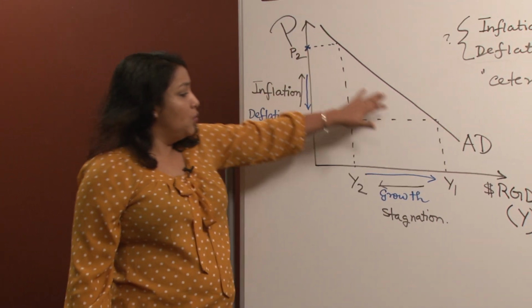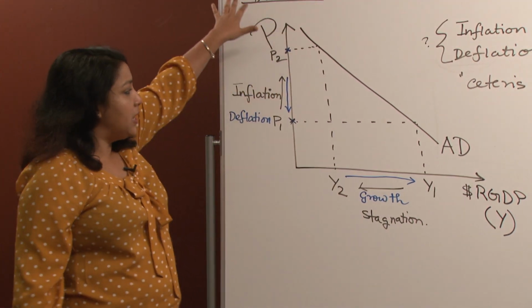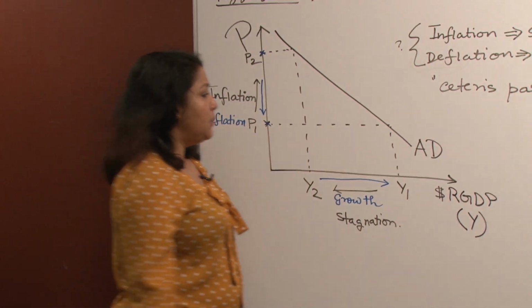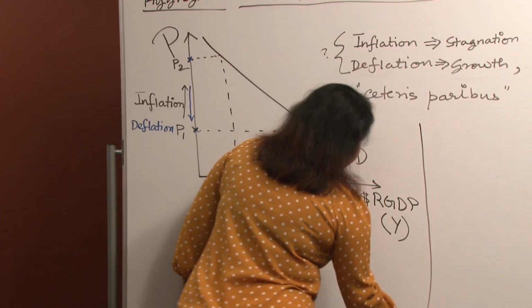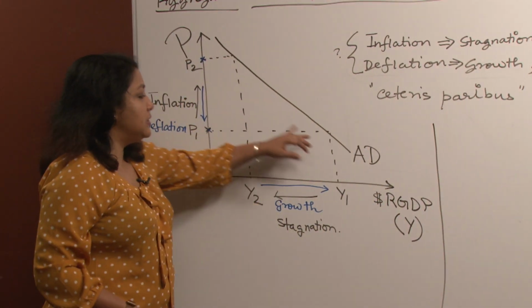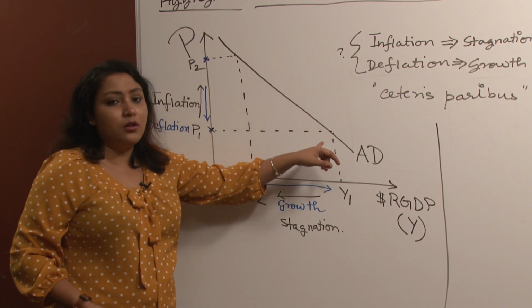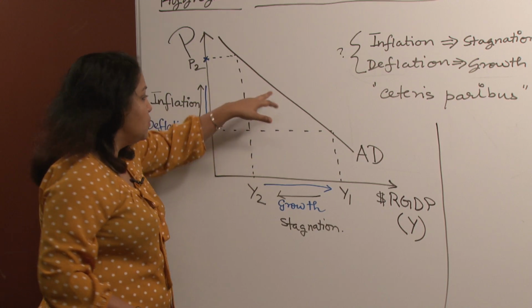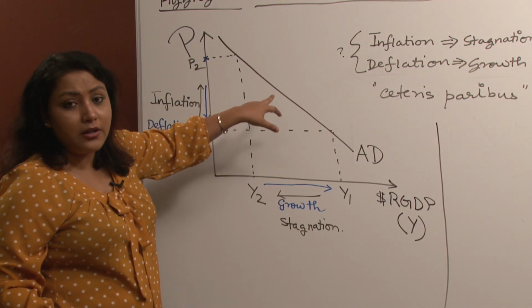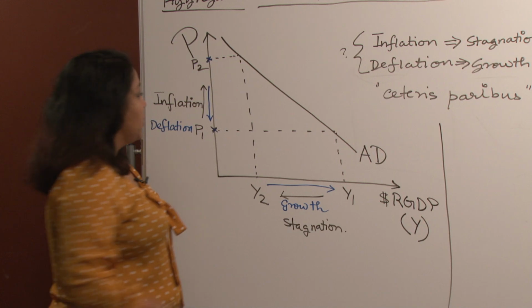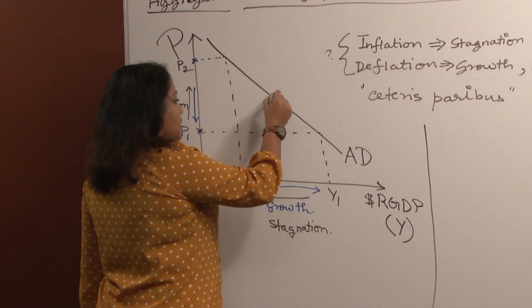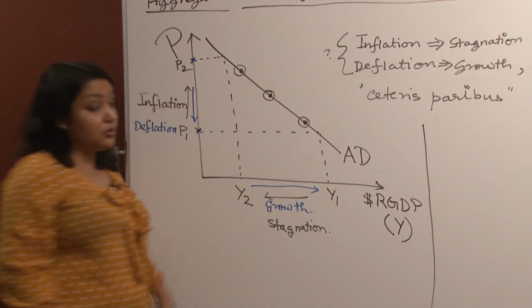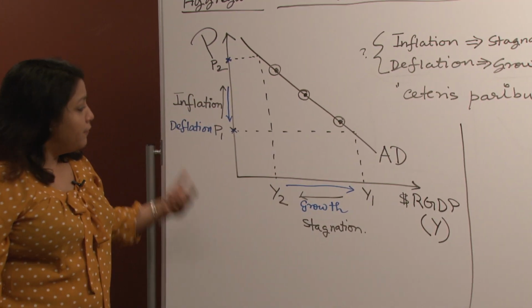To understand the mechanism of this downward sloping demand curve, we must understand first what is this demand curve, what are the points on this demand curve, what are we really talking about? What is one point on this demand curve, what does that signify? So what is the meaning of that point? That is the question that we must answer first.